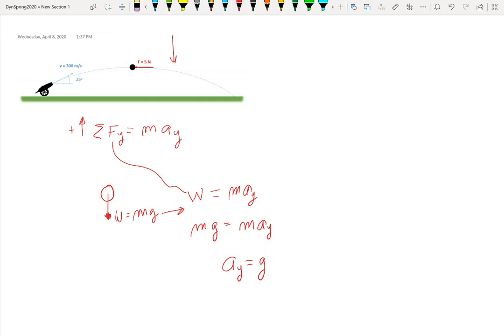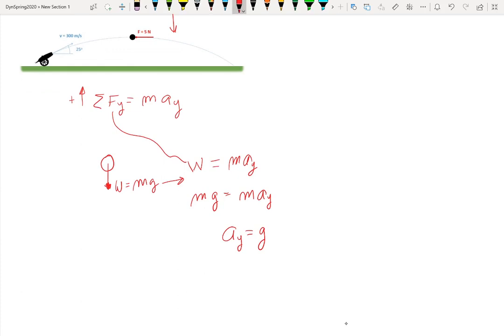Then you say, well, I have the acceleration in the y, so if I go back to the constant acceleration equations, let's write them as s equals s naught plus velocity times t plus the constant acceleration a_c t squared over 2.